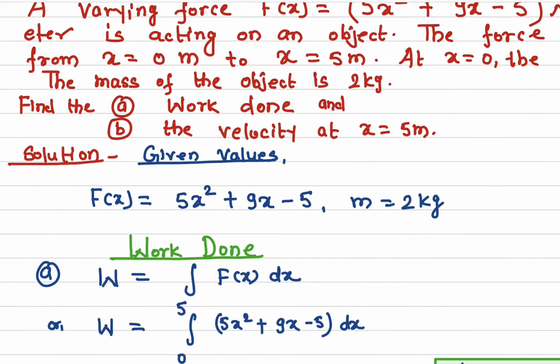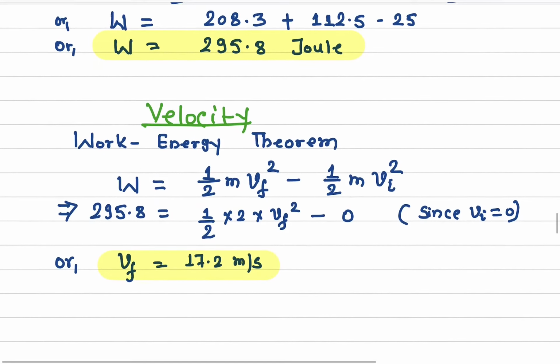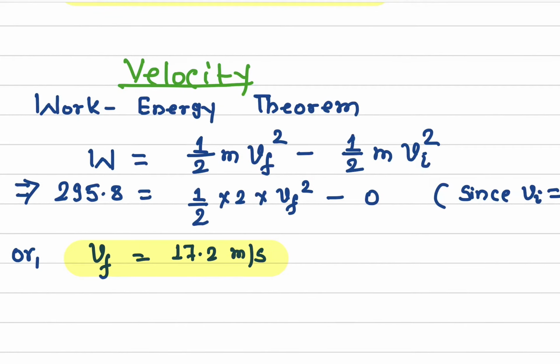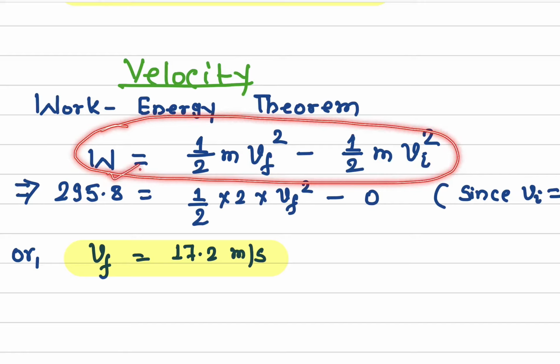The second part is asking, what is the velocity at the end? If you keep pushing an object, then it will have a certain velocity at the end, and what is that velocity? In order to calculate the velocity, we're going to use the work energy theorem. This is the work energy theorem.